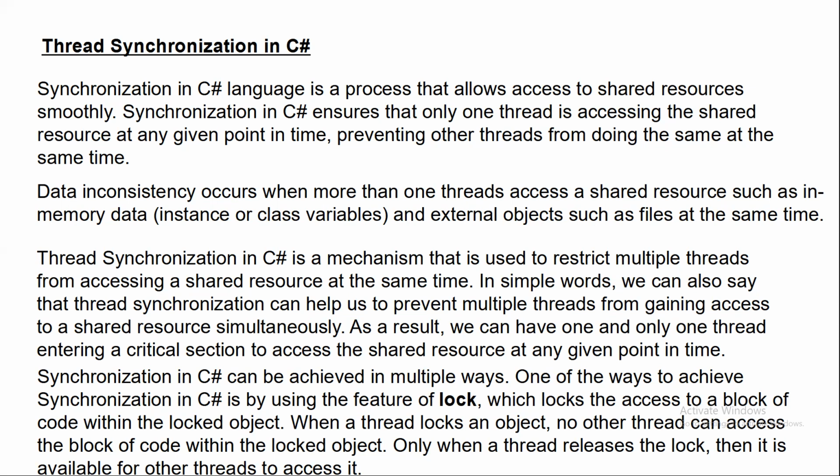I will show you an example where more than one thread is trying to book tickets, and what the impact would be if you don't implement thread synchronization. As I said, data inconsistency can occur if you don't utilize thread synchronization. So I will show you one example of how that works.